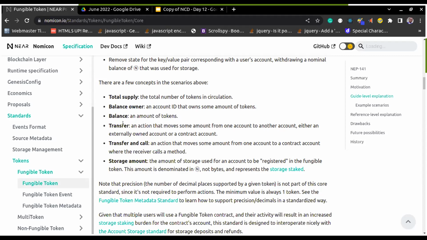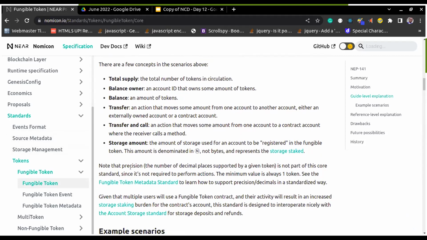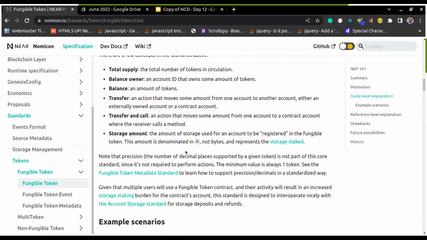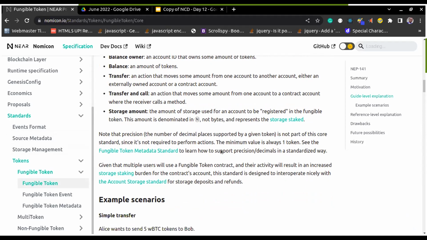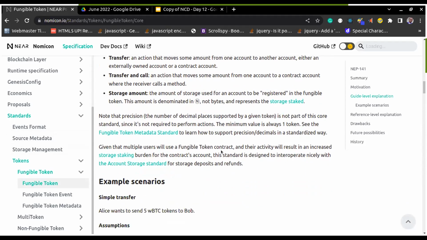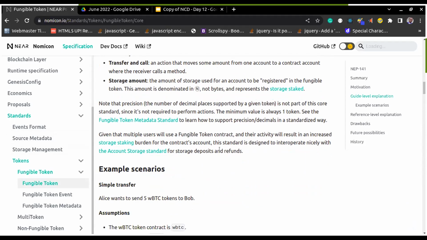So this one basically moves tokens from one account to the other, either an externally owned account or a contract account. So the account could be owned by a person or it could be a smart contract account, okay? Then we have the storage amount. This is basically the amount of storage used for an account to be registered in the fungible token. Like I said, what you're going to stake for any storage purposes that are going to happen within the fungible token.